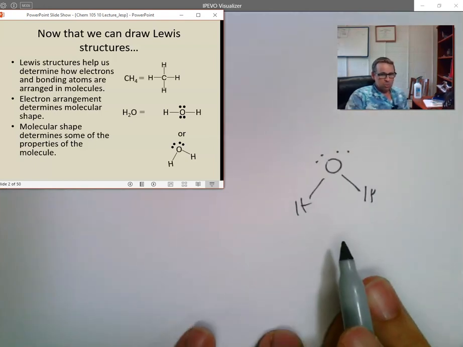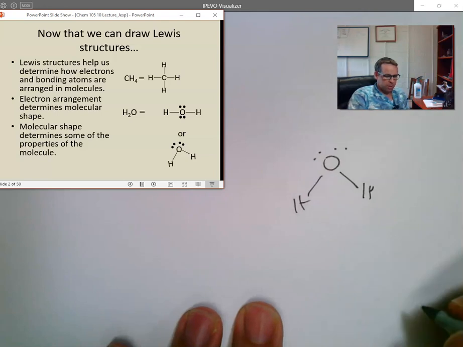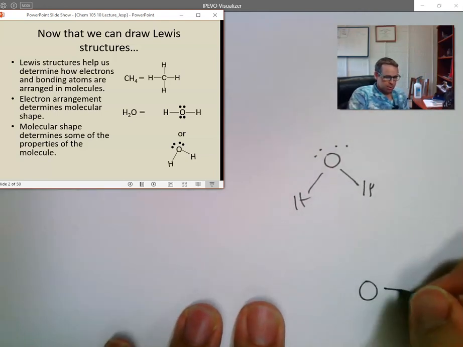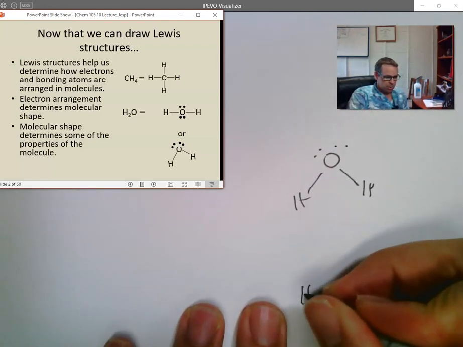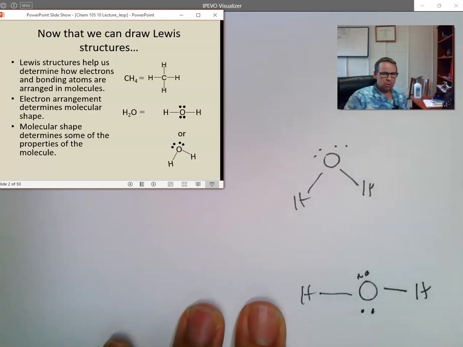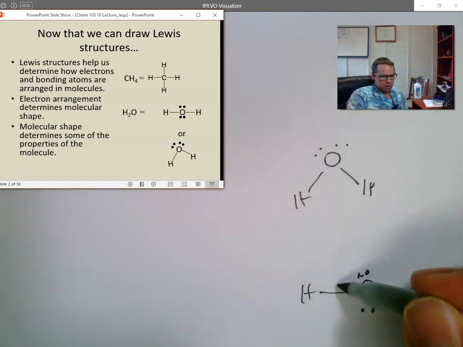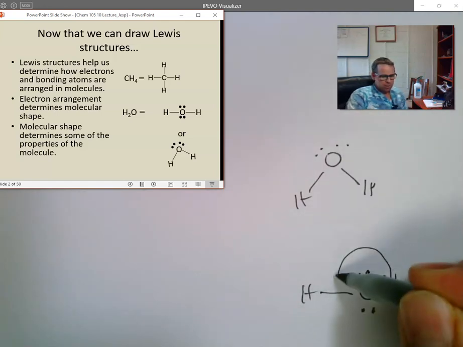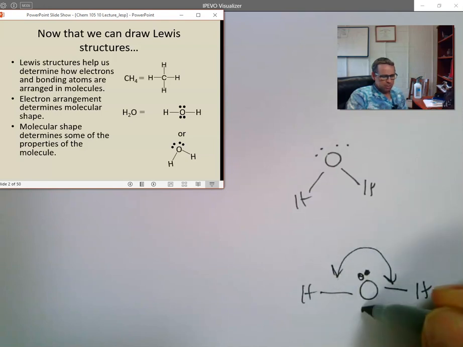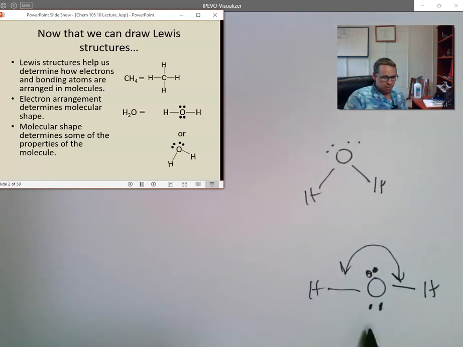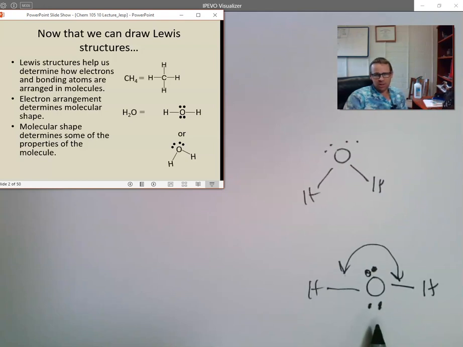Now, this is one way to draw the Lewis dot structure of water, but some people might draw it like this. They might say, okay, I need these hydrogens to be as far away as possible, and put those regions of lone pair density on there like that. And so somebody might say, oh, the angle here is 180 degrees. But just because I drew it that way on the paper doesn't mean that's what the angle actually is, right?